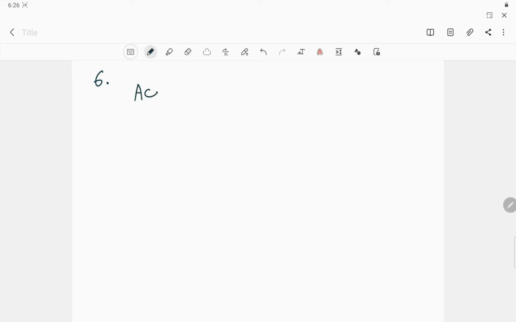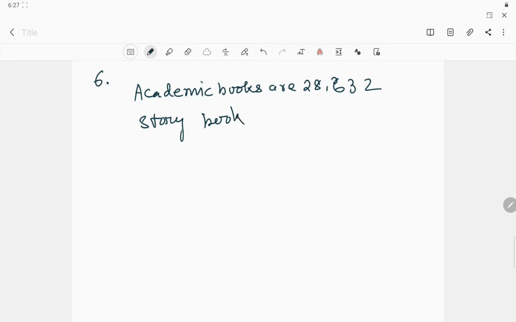So academic books are 28,632 and story books are 17,920.